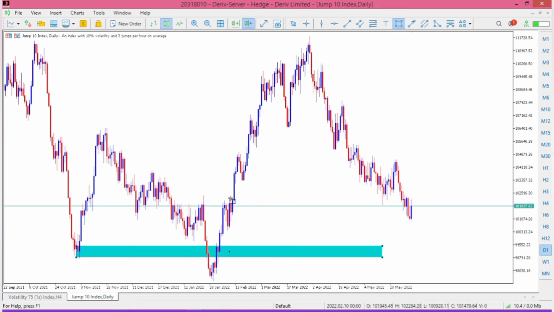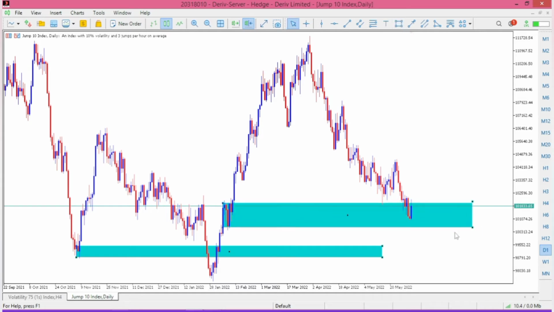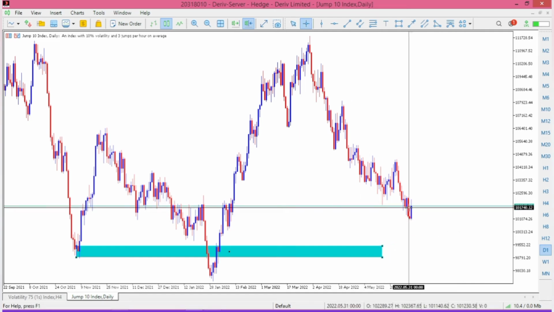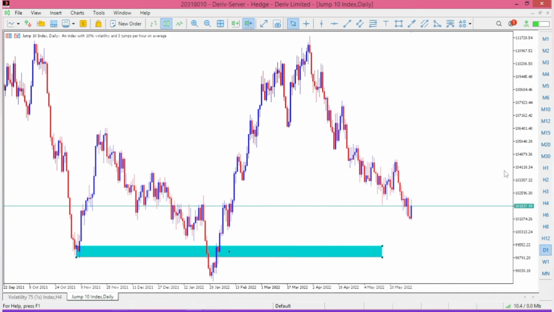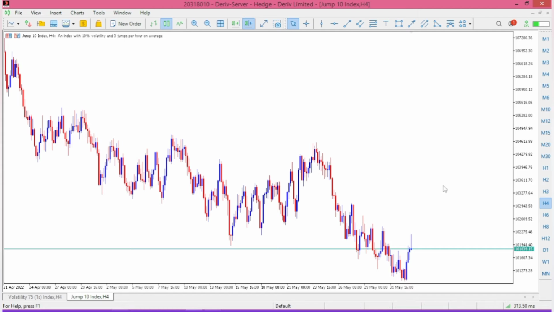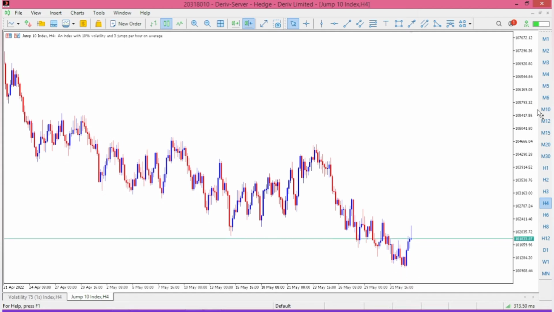You can see price is actually inside a demand zone. So with that alone, we can't just trade off the daily time frame. The risk will be much. So let's move down to the 4 hour time frame to see what price is actually doing there.